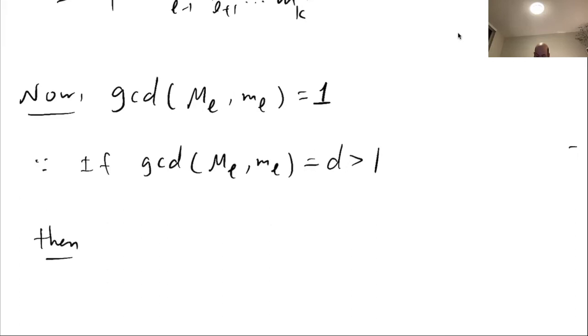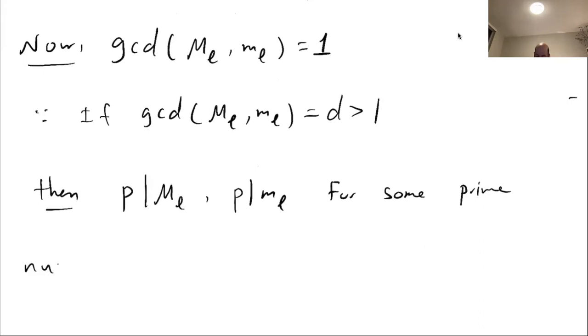Then I can say that some prime number P divides capital ML and P divides small ml. If the GCD is bigger than 1, then some prime number P will divide both.